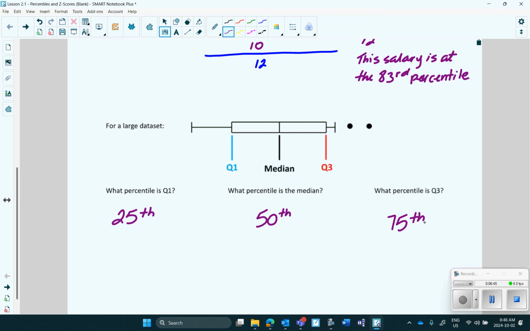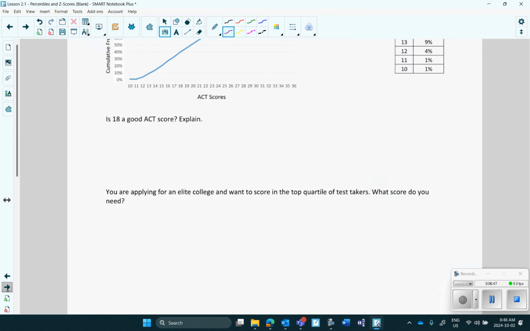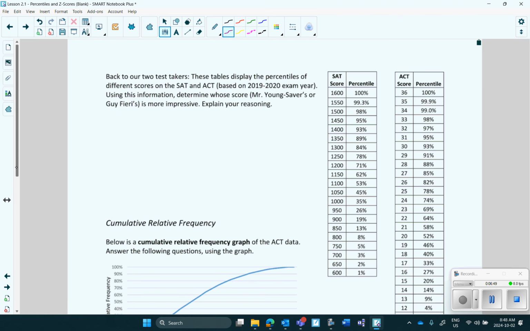So let's return to the two guys that wrote the college entrance tests. And the year that they wrote, here are the percentiles for various scores. So you can see the SAT scores here, it gives the corresponding percentile, okay?